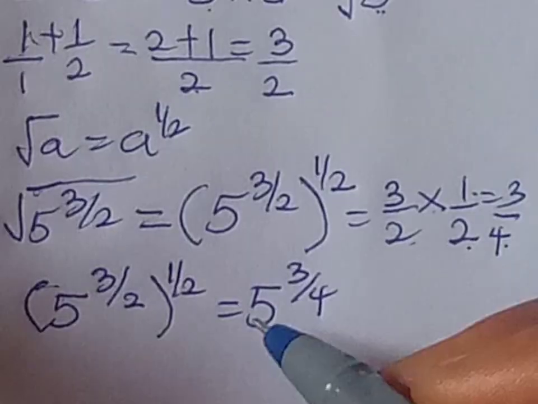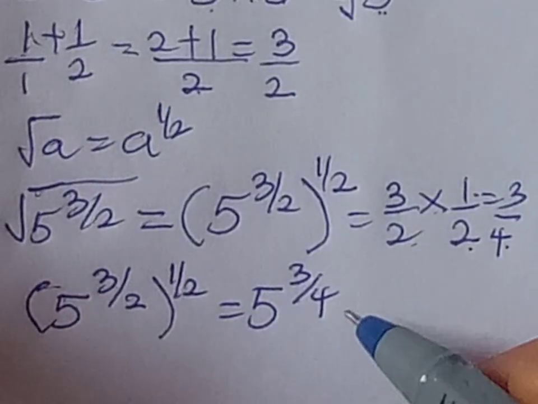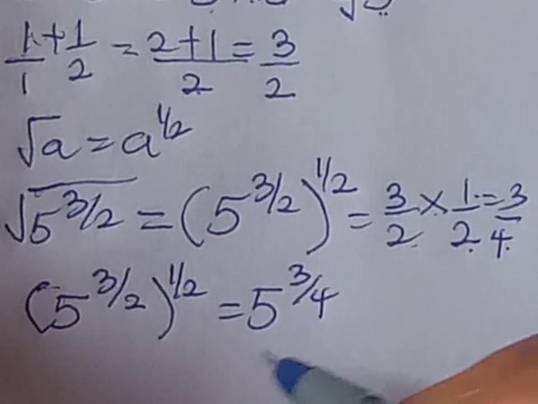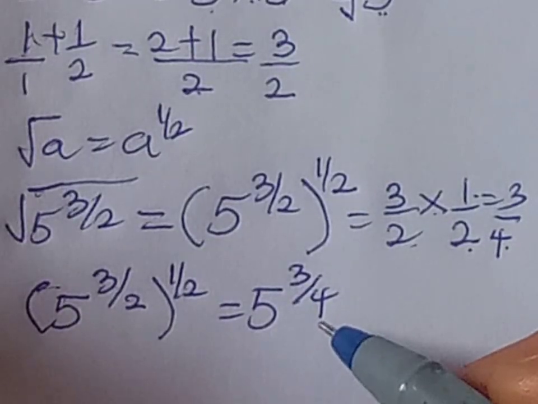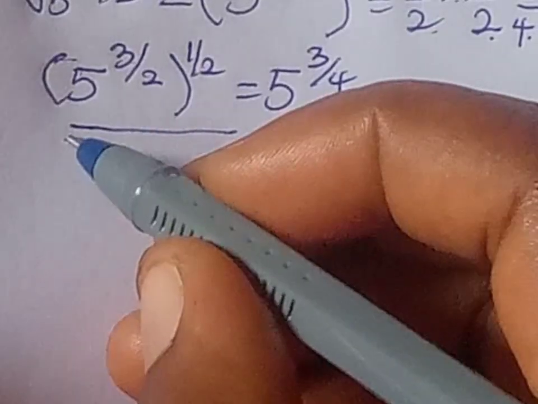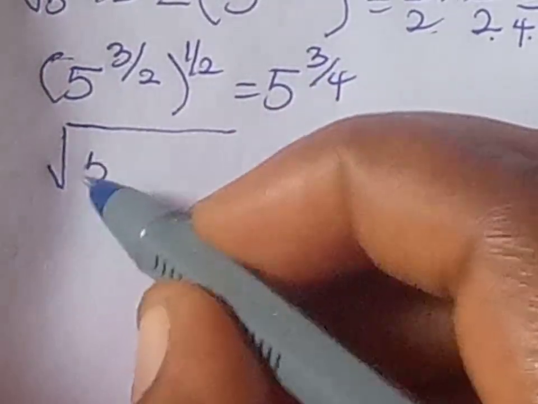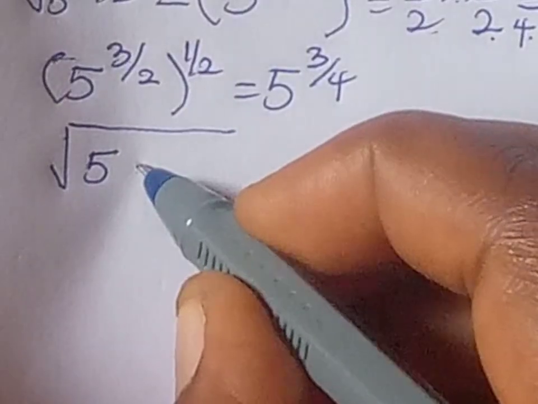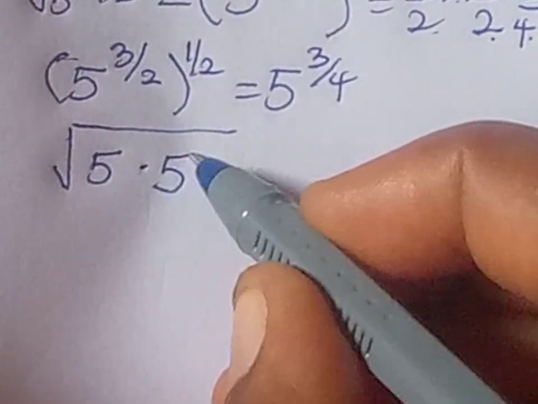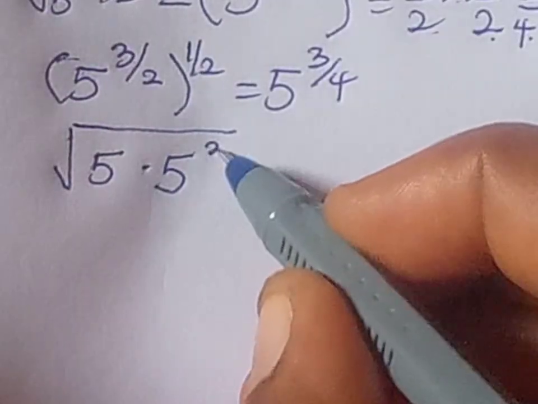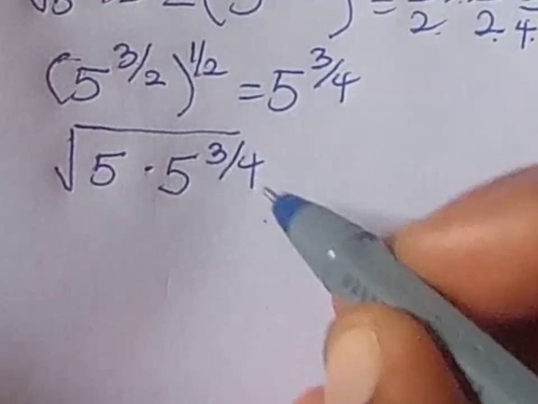Now we are through with the two square roots, remaining the last square root. Now our expression becomes square root of 5 multiplied by 5 raised to the power of 3 over 4.